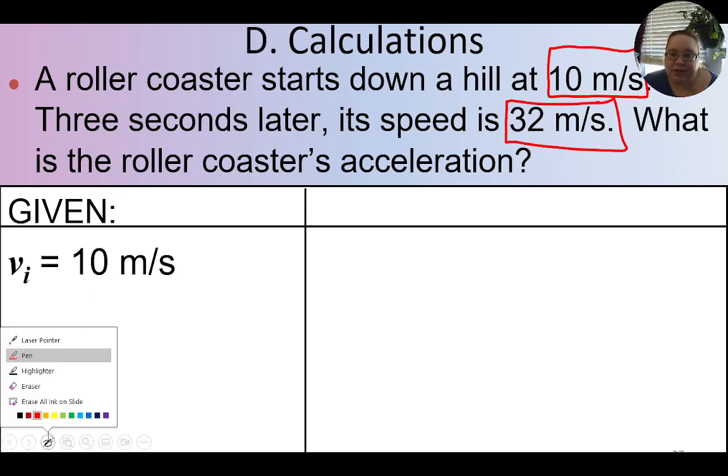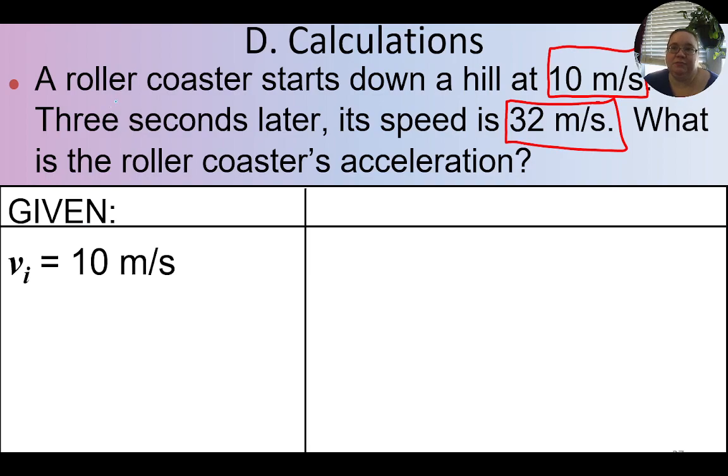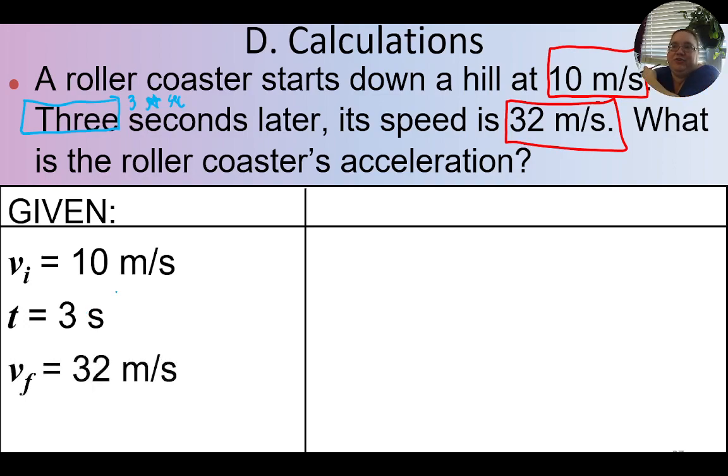There is also a number hidden in the words. Not sure why, but for this particular problem, instead of using the number 3, we just put the word three. So 3 seconds later is telling me time. So we know our time is 3 seconds, and we know that we have our two velocities.